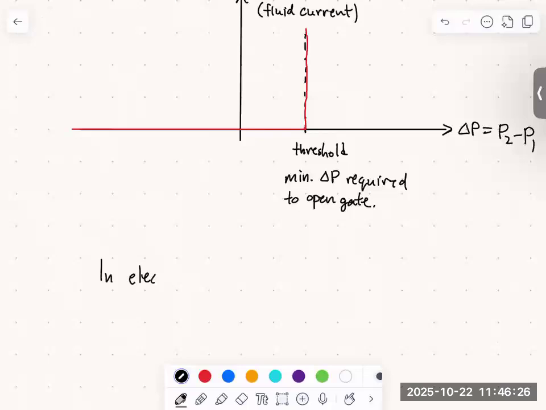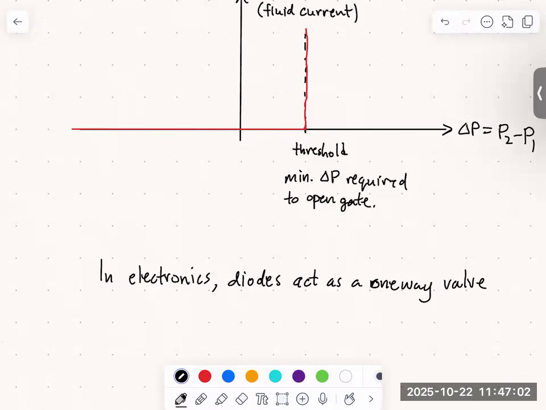So in electronics, diodes act as a one-way valve. And as I said, once we've talked about semiconductor materials and how we can dope them to manipulate their electrical properties, we'll be able to assemble a diode from two pieces of semiconductor materials that are joined together at a junction.